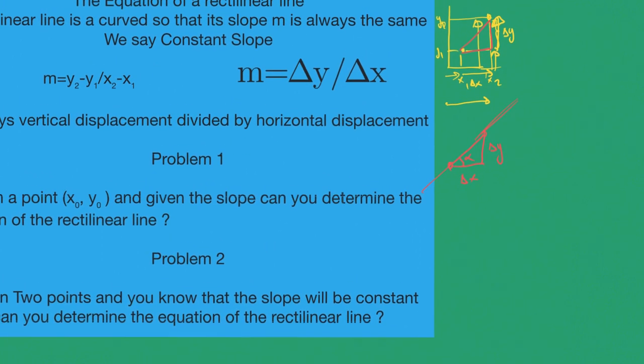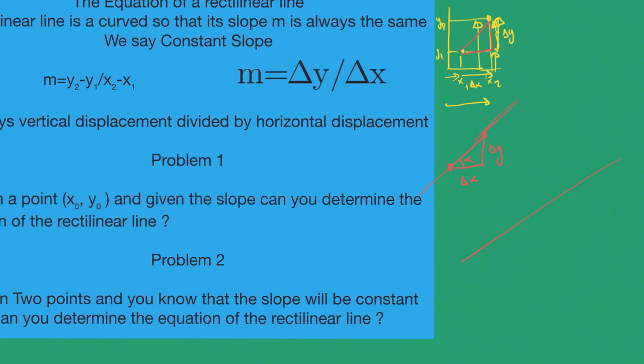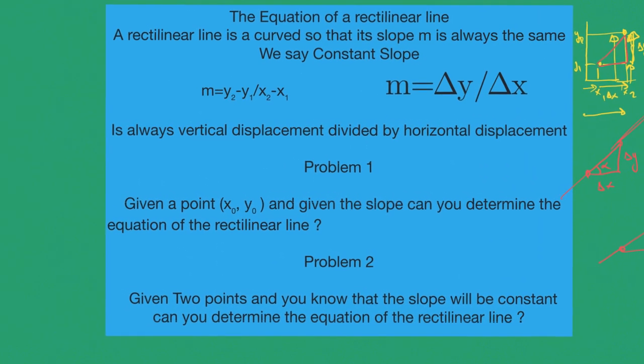So if you do it like this, you choose this point and this point, this is delta y, and now delta x is bigger, but the ratio delta y divided by delta x is constant, and we call this constant m, the slope. Perfect. So we have two problems.